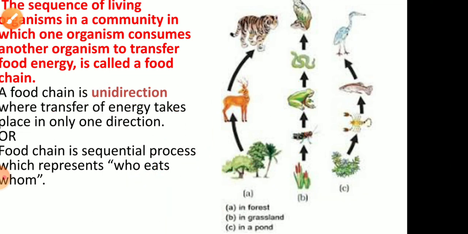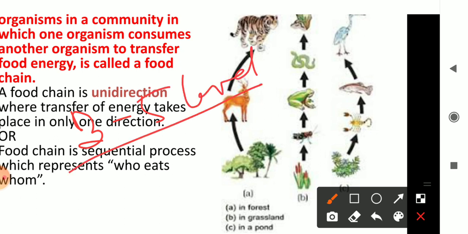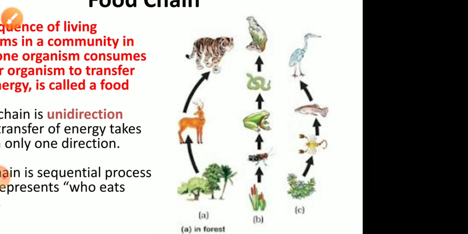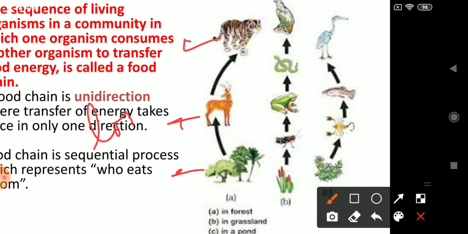Another very important feature that you see in a food chain is that food chains have a maximum of 3 to 5 levels. You don't find more than 5 levels. Maximum it will go to 6 levels, but most food chains have 3 to 4 levels. The reason behind this is that at every level of the food chain, a huge amount of energy is lost as heat or is used up.